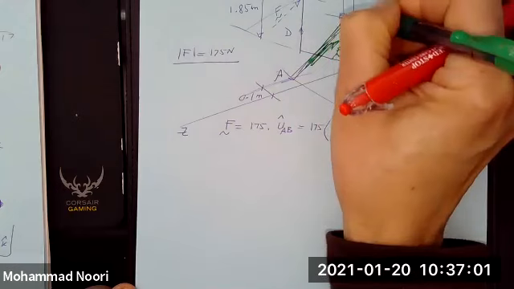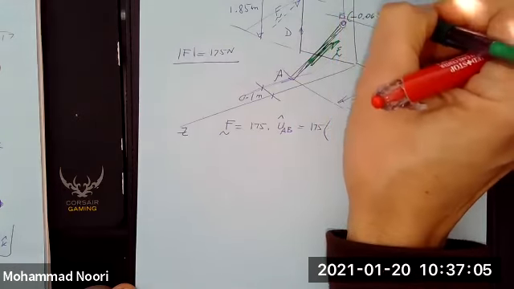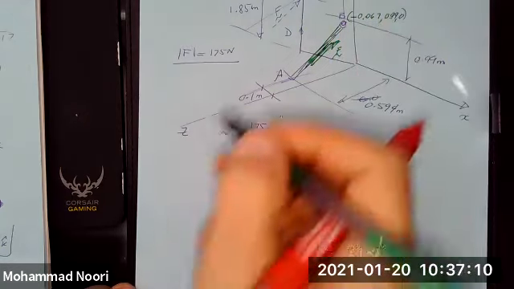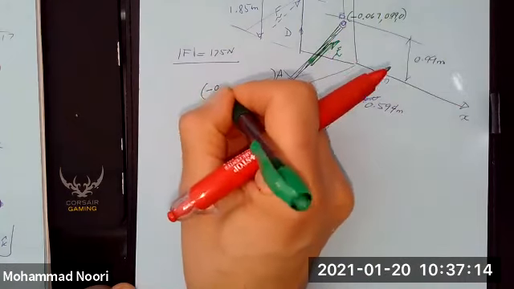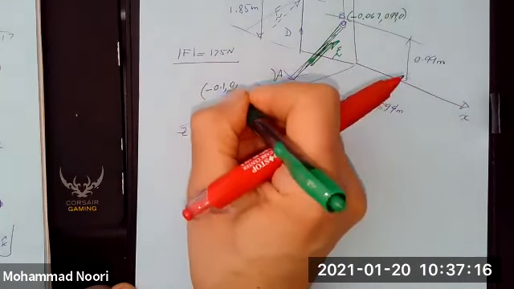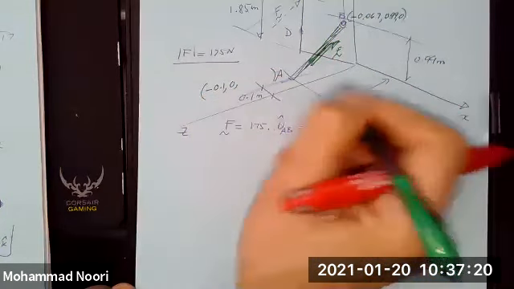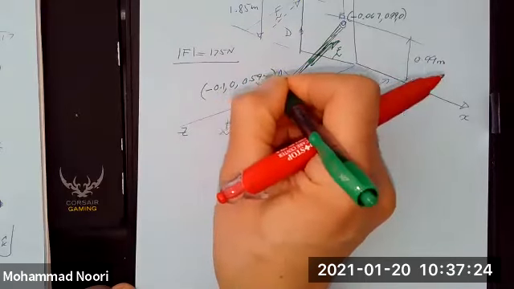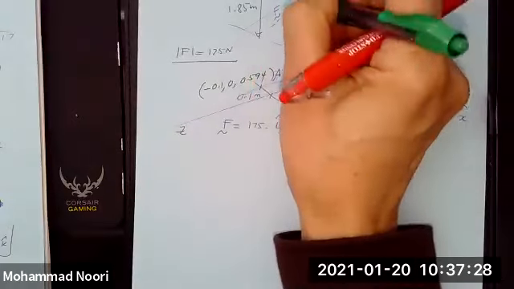This is negative 0.067, y of 0.99, and z of 0. Point A is at negative 0.1, y of 0, and z of 0.594, and I also need the coordinates of point C.